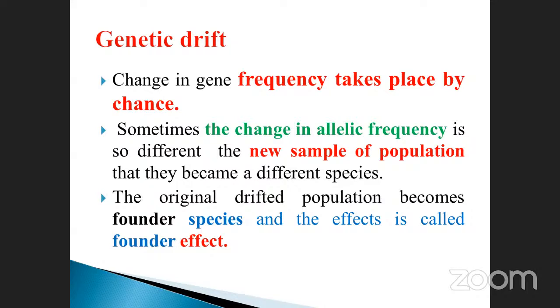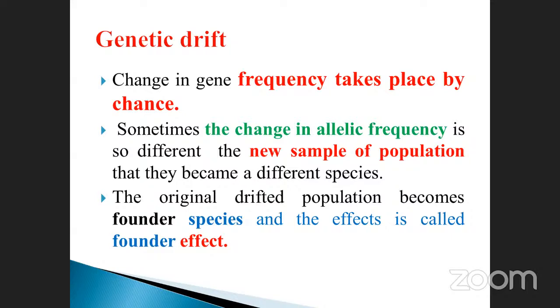It is considered a founder species because of the presence of new genes from the ancestor to the offspring. The allele also changes in the offspring. That offspring is called a founder species, and the effect is called the founder effect because the allele sequence is changed due to chance. This is very, very important.